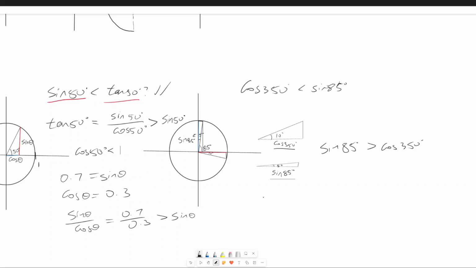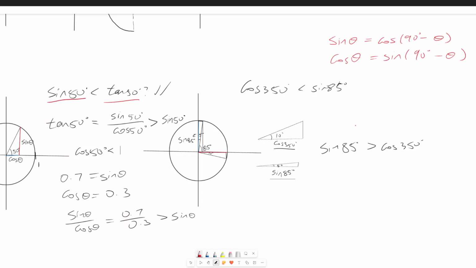Now, if this is a little bit confusing, we can rewrite it in a different way. I don't know if you guys have come across this, but you can rewrite sine theta in terms of cos, as cos of 90 minus theta. Vice versa, cos theta is equal to sine of 90 minus theta.